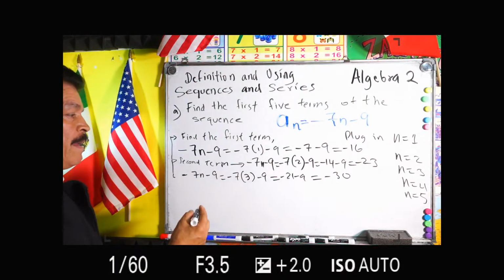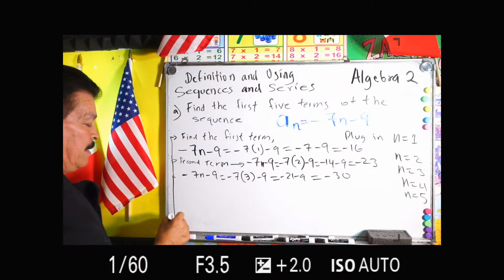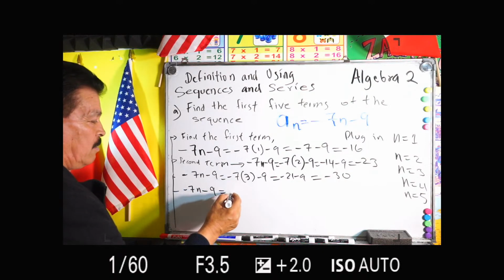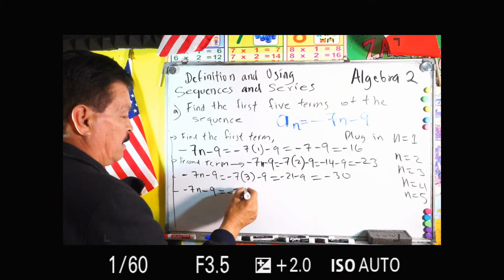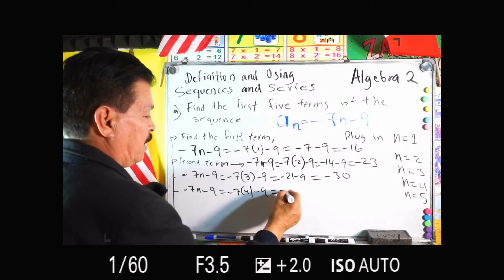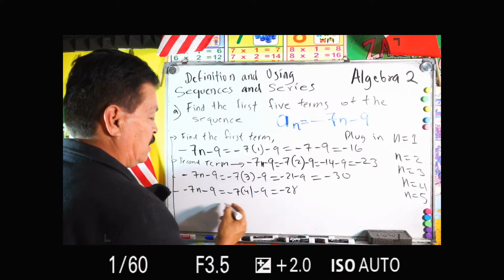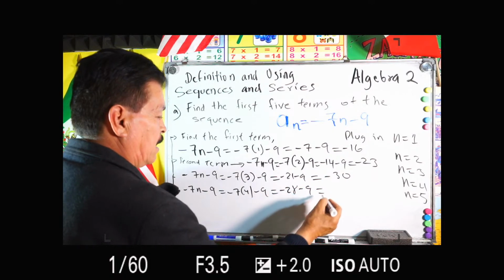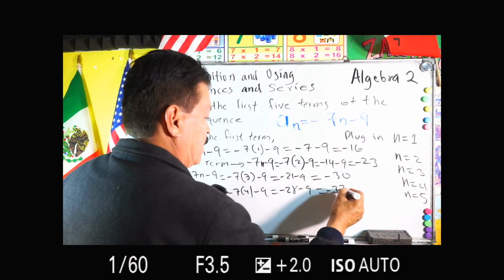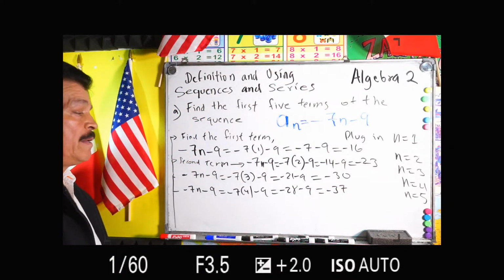Negative 30. Next one, let's write negative 7n minus 9 equals negative 7 times 4 minus 9 equals negative 28 minus 9 equals negative 37, right? Negative 37.